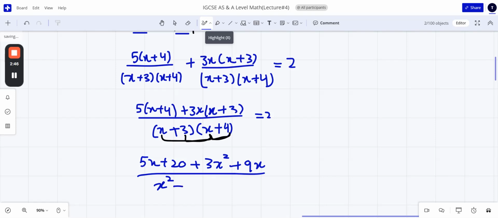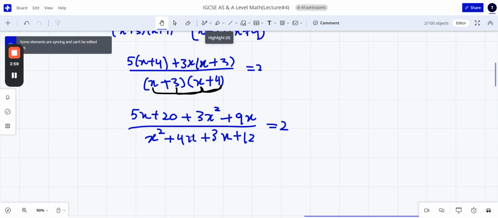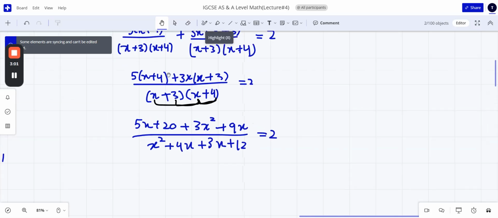Then x times 4 becomes 4x plus 3x, and plus 3 times 4 is 12, equals to 2. Now we need to simplify the common terms. Common means the same terms, the like terms. So 5x and 9x both are common, we can simplify. 4x and 3x both are common, we can simplify.